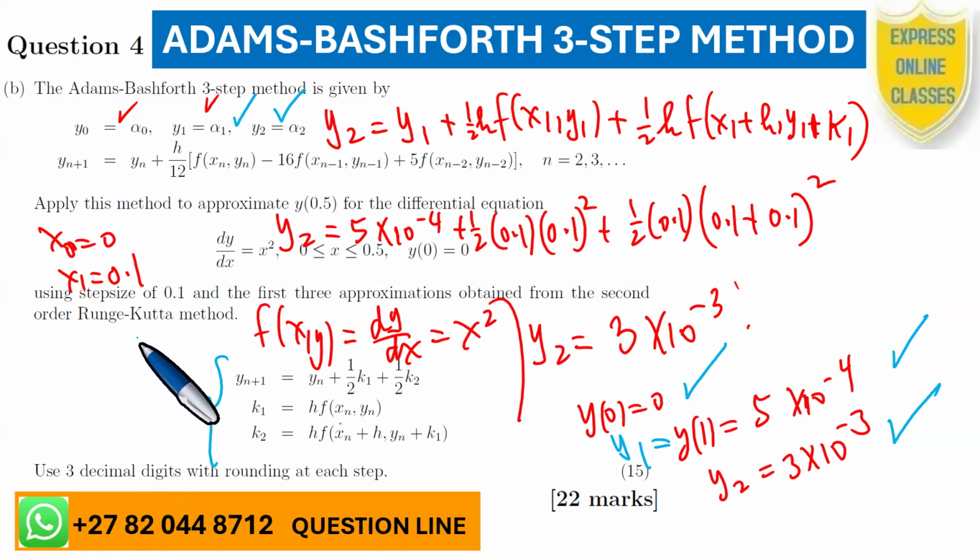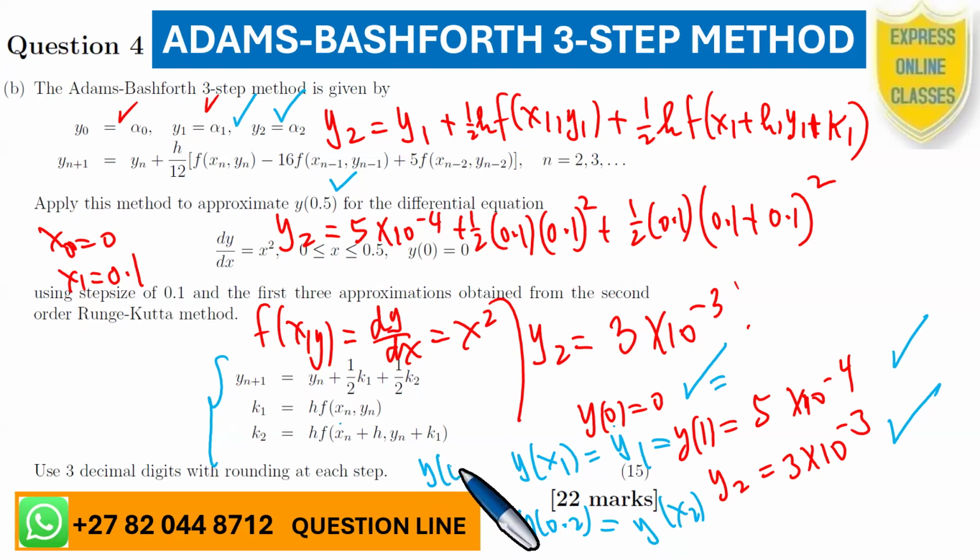Obviously, we need to apply this method to approximate y at 0.5. y0 is this one. y1 is y evaluated at x1, which is 0.1. y2 is y evaluated at x2, which is 0.2.